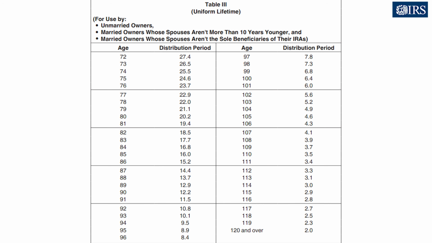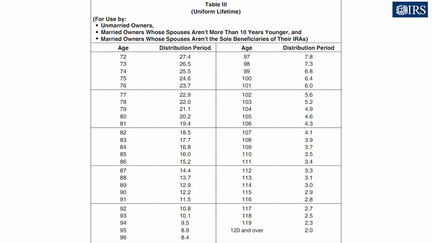If the uniform lifetime table is the right one for you, you would go to this table. You're turning age 73, so you go to age 73. That divisor is 26.5, so you would divide your $100,000 account value on 12/31 by 26.5.